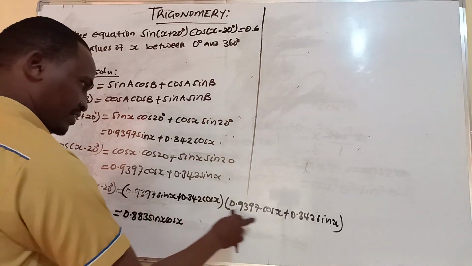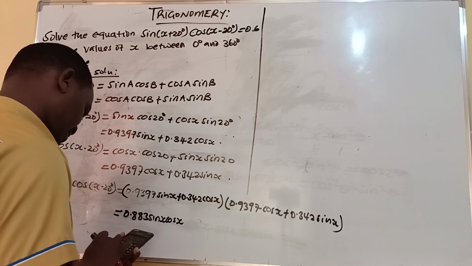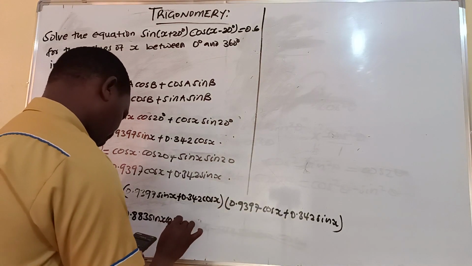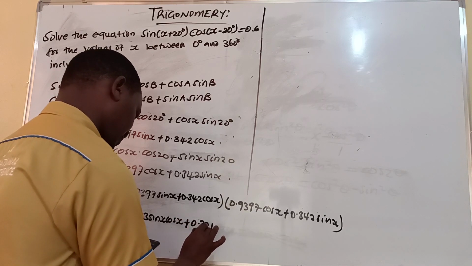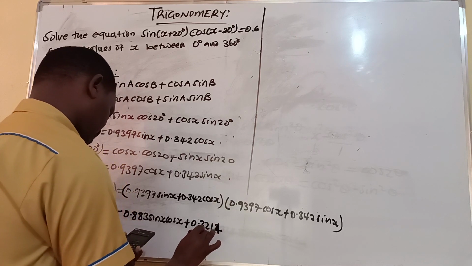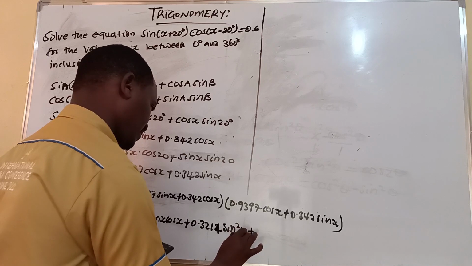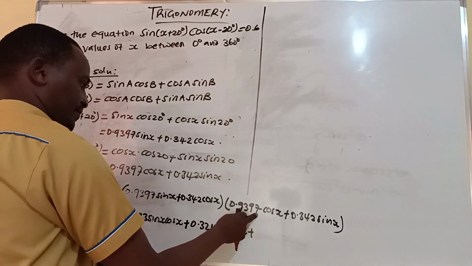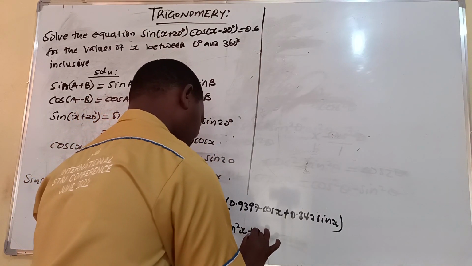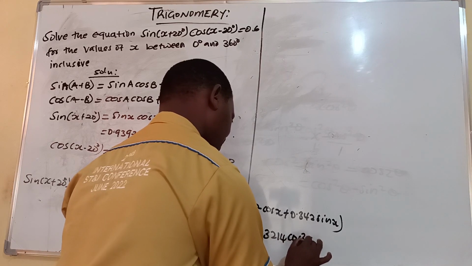Then 0.9397 times 0.342 is equal to 0.3214 if you round off, for sin squared x, and multiplying the other terms it will be the same, 0.3214 for cos squared x.